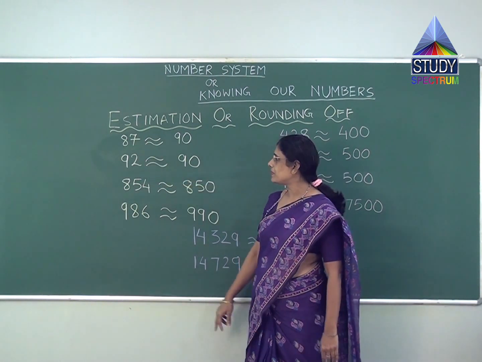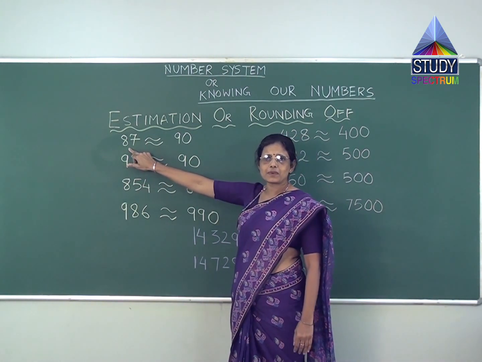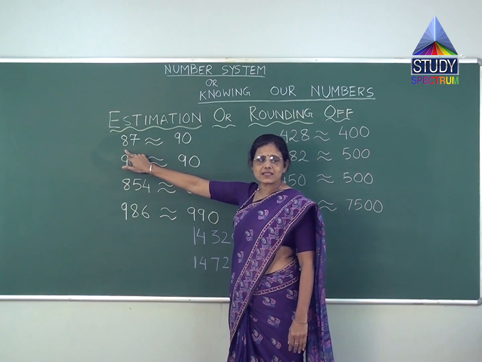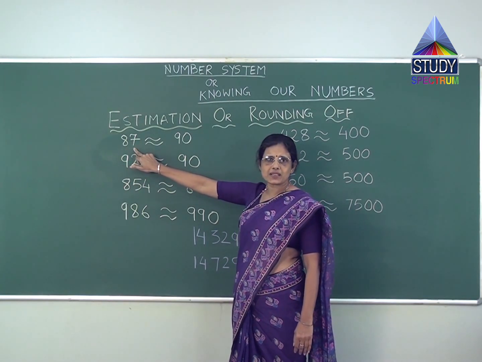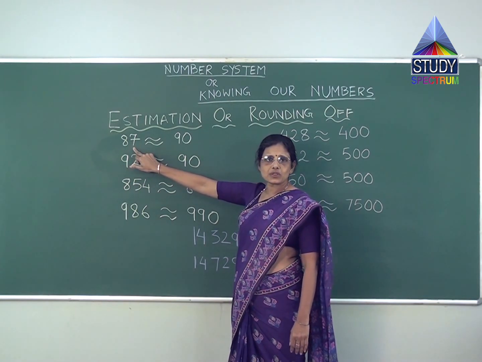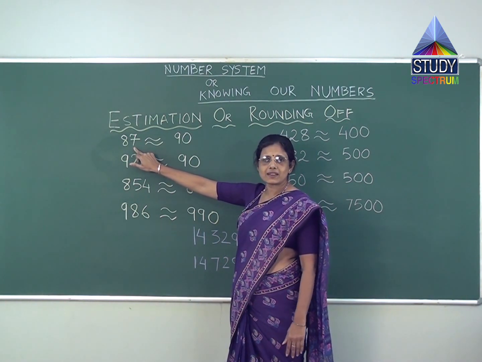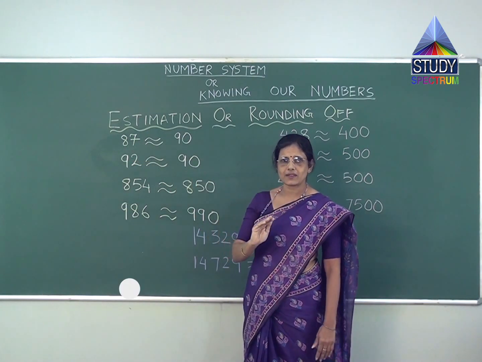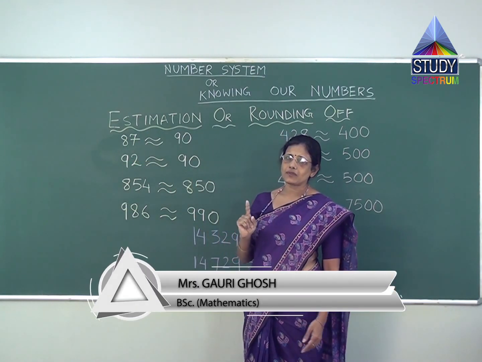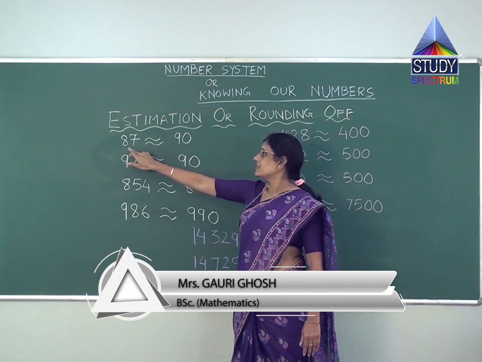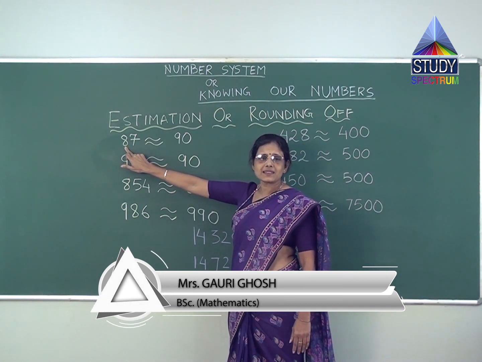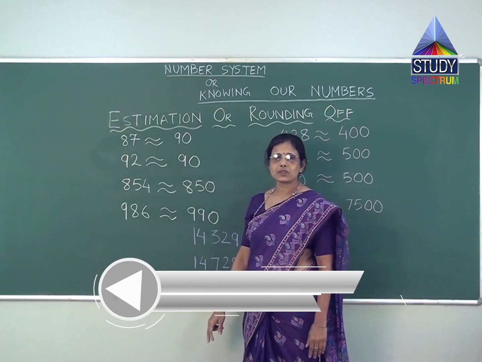For example, 87 I have picked up, 8 is in the tens place and 7 is in the units place. And I told, if the units place is 5 or more than 5, now what is this? It is 7. It means it is more than 5. So what to do? You have to add 1 to the tens digit, means 8 plus 1, which gives you 9.